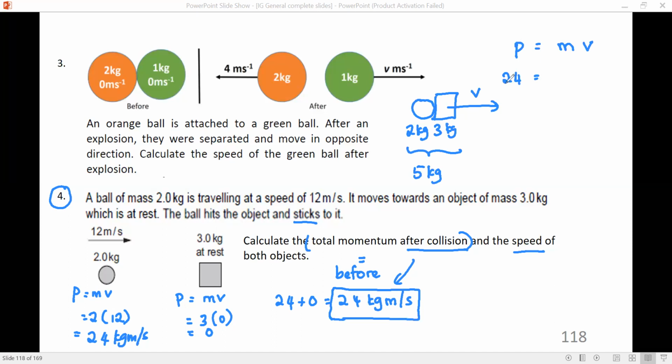How do we know? Because before collision is the same value as after the collision. So after is also 24 kg m/s. The mass is 5 and we're trying to find v. So v is 24 divided by 5, which gives 4.8 m/s. This is the speed of both objects, 4.8 m/s.